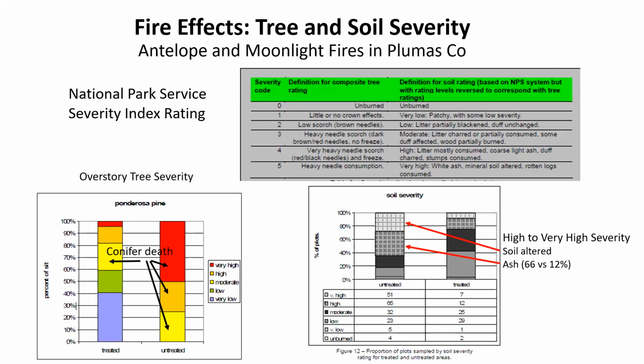So over 60% of the soils in the untreated areas were heavily impacted, and ash isn't necessarily bad, I shouldn't say that totally, but in this case, we're talking about a lot of ash that's showing some color changes. Whereas the treated areas, there was still about 30% of the sites that had some of those effects, but not nearly the same. So definitely it was making a difference with soil severity. Next slide, please.